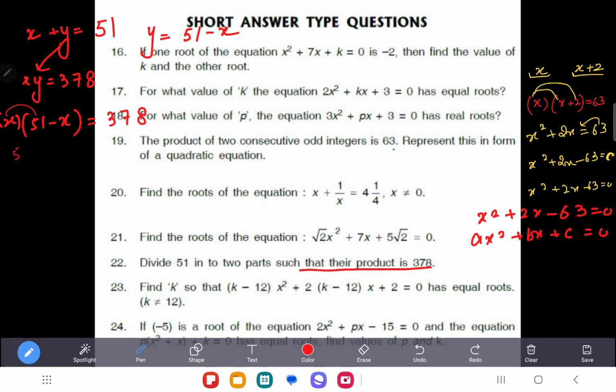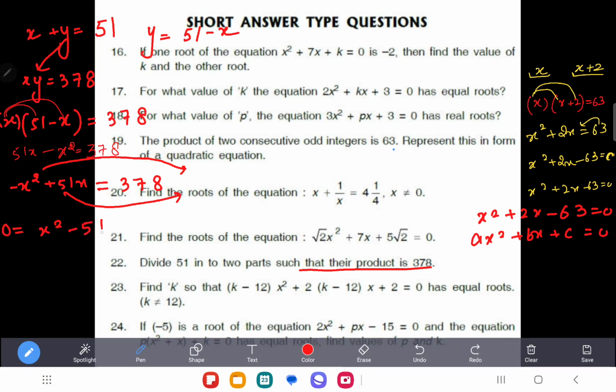And x times 1 is 51x, x times x is minus x square, going to be 378. So minus x square plus 51x equals 378. Don't you think I should take everything to the other side? So it is going to become x square minus 51x plus 378 equals 0, and this is my quadratic equation.